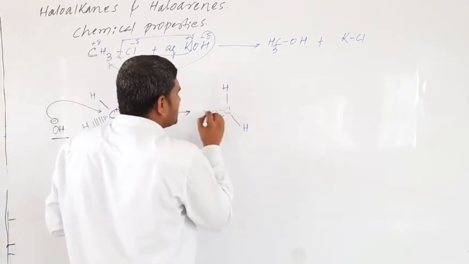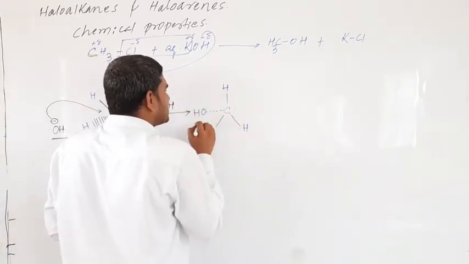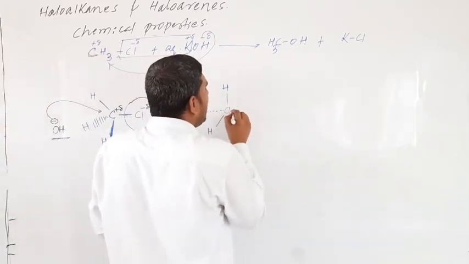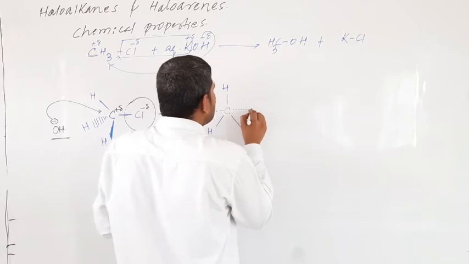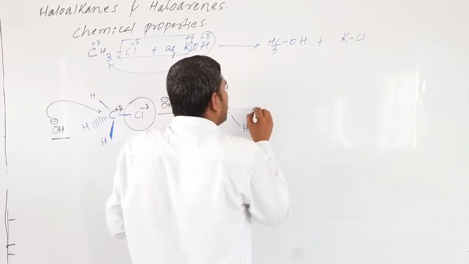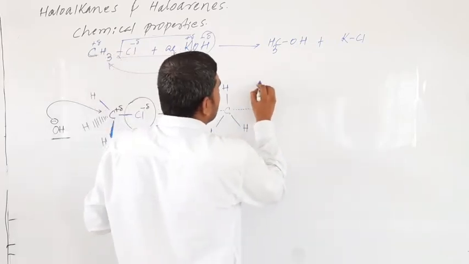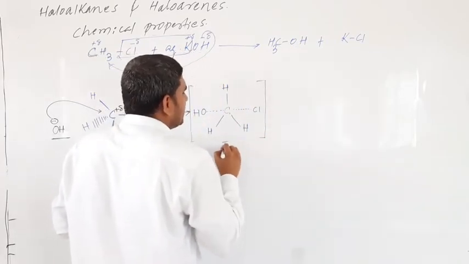In the transition state, this hydroxide ion is partially bonded to the carbon, and this leaving group, chloride ion, is also partially bonded, meaning carbon becomes what? Pentavalent. This is known as the transition state.